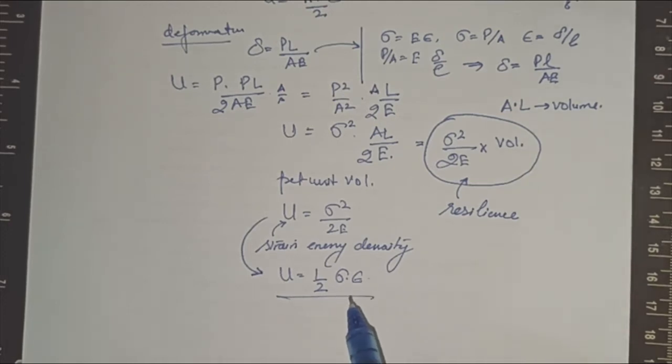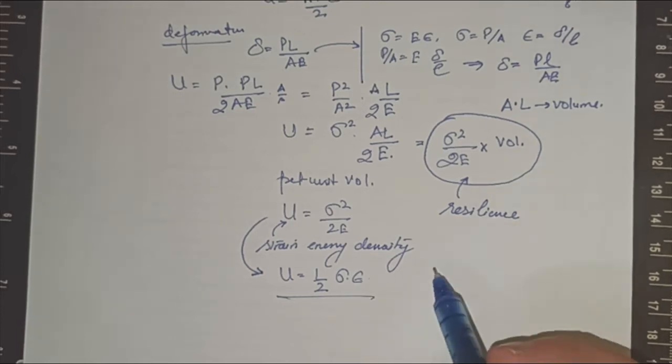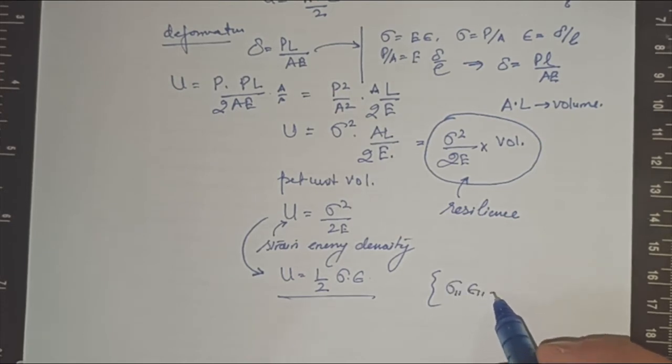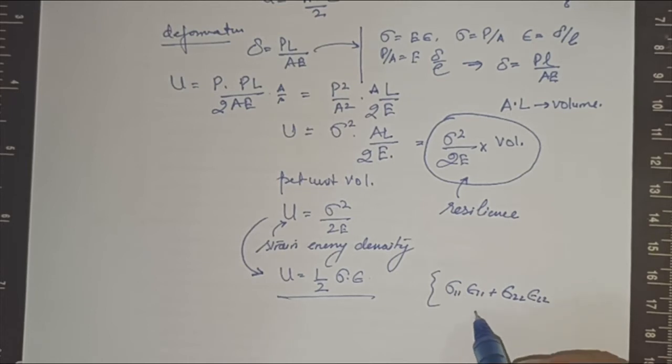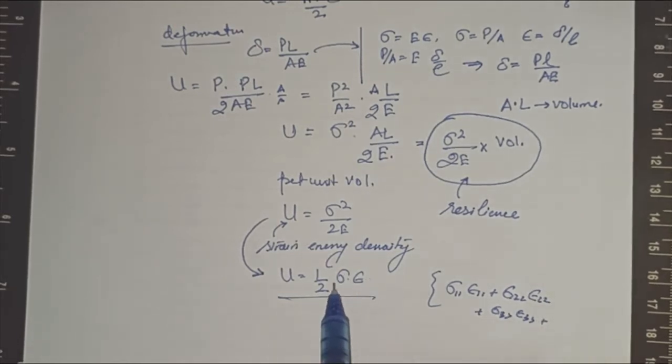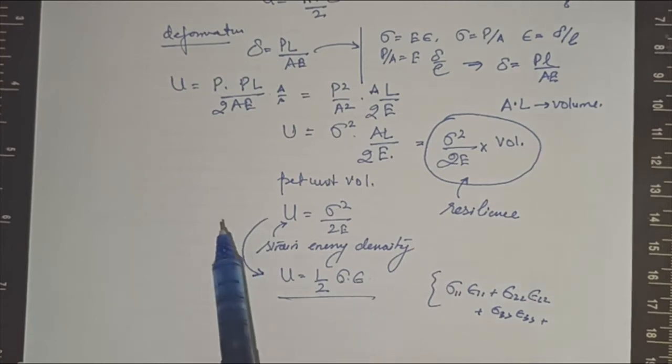So sigma and epsilon you have to calculate. So in that case, you will be calculating like this: sigma 11 epsilon 11, sigma 22 epsilon 22, sigma 33 epsilon 33, and so on with shears also. Okay, so this sigma epsilon here means sigma epsilon for uniaxial loading.